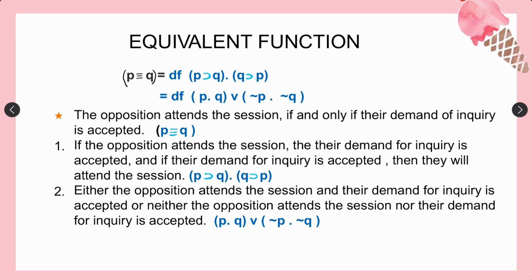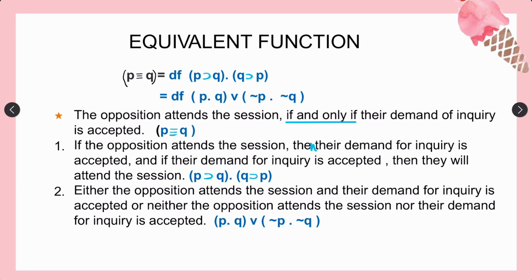So let's take an example. The opposition attends the session if and only if their demands of inquiry is accepted. If and only if meaning tri-bar. Now this can be changed into: if the opposition attends the session, then their demands for inquiry is accepted, and if the demand of inquiry is accepted then they will attend the session.